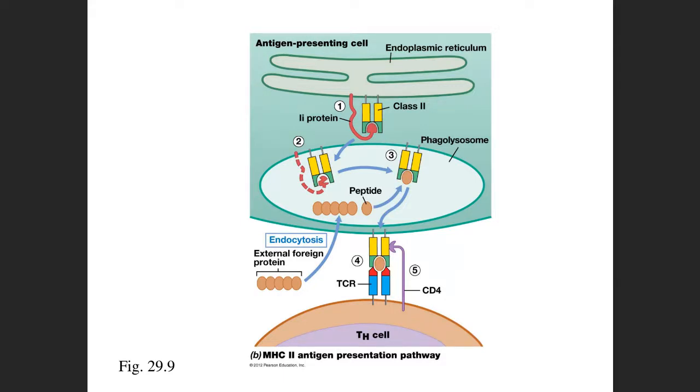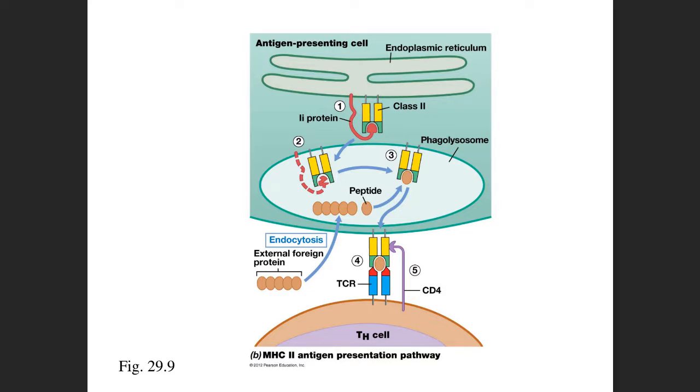And so that class 2 is then recognized by the T helper. Remember, the T helper has a different T cell receptor, so the T helper will get here. All right, and so then the T helper can bind and activate the macrophage, and this activation allows the macrophage to be much more effective in taking up.